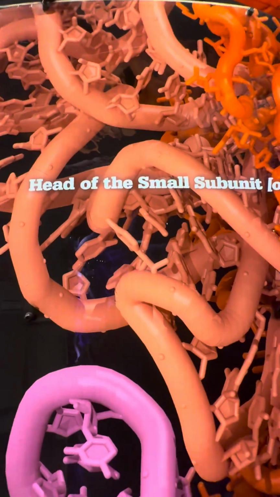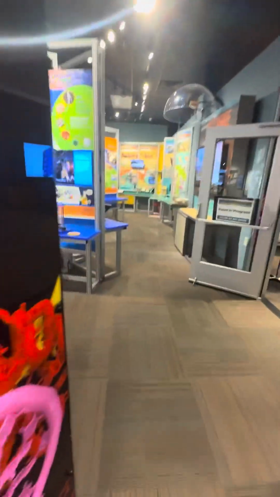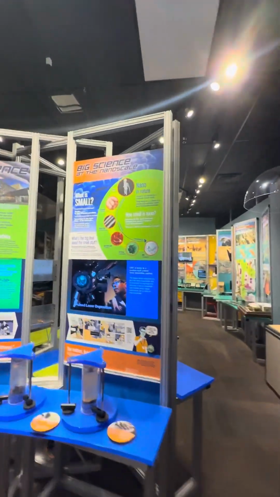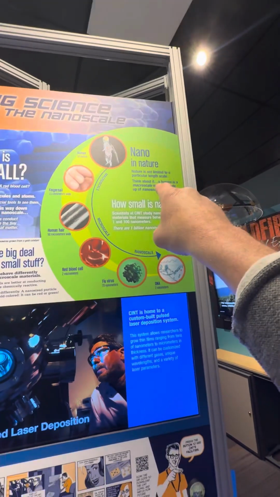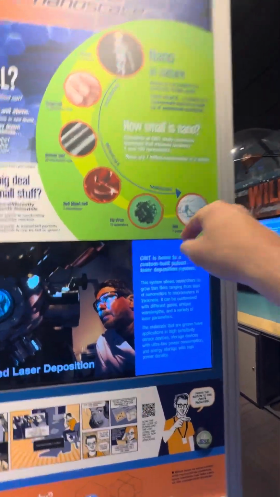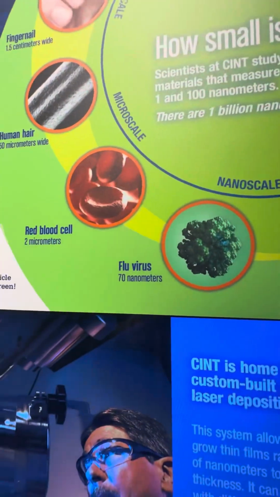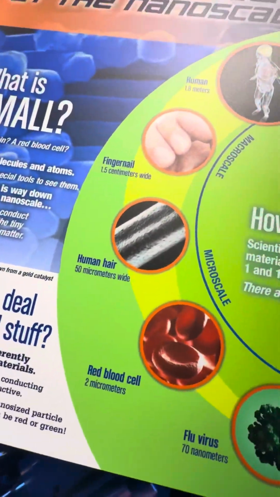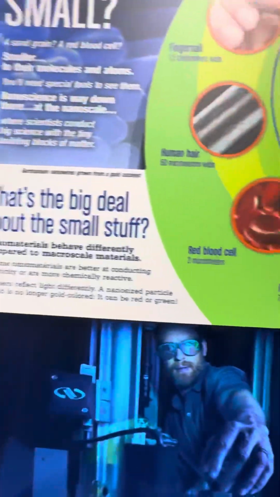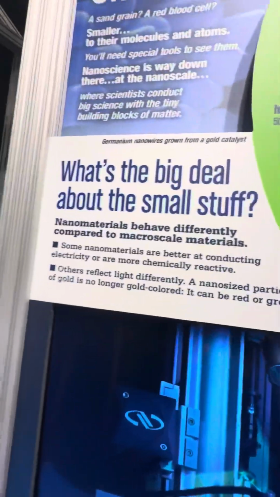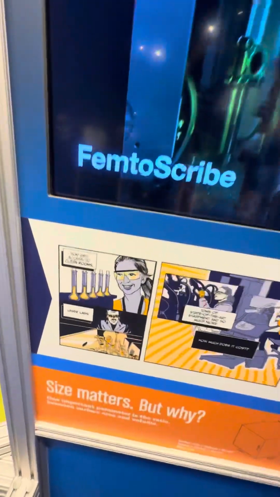And when I was in here 4 years ago, I even have more of this stuff because it was so cool. And then we're going to get into nanoscience and what is small and the nano in nature and how small is the nano and the DNA and the flu virus, the human hair and fingernails. What's the big deal about this small stuff? You know?